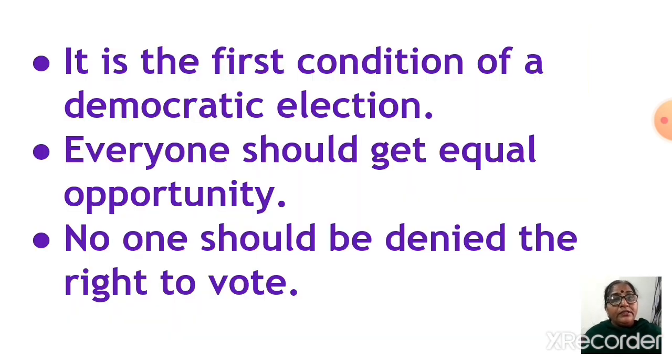So let's move further. Children, this is an important step as it is linked to the first condition of democratic election. The condition is everyone should get an opportunity to choose representatives.